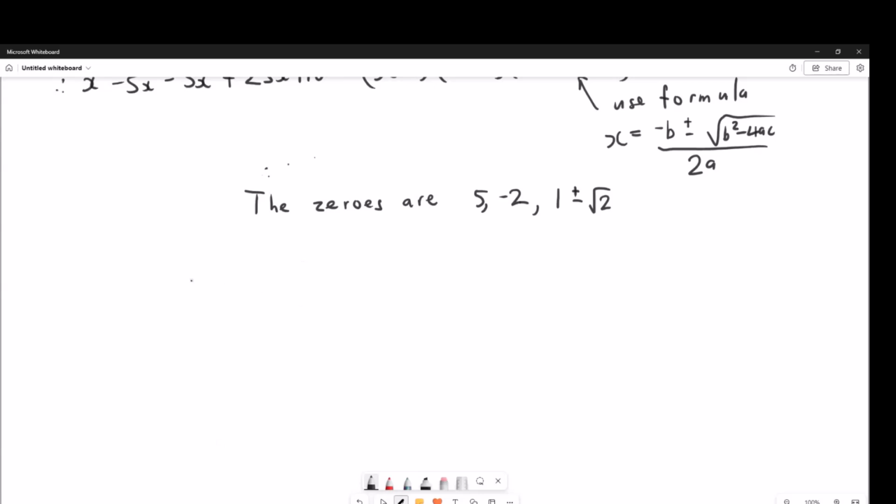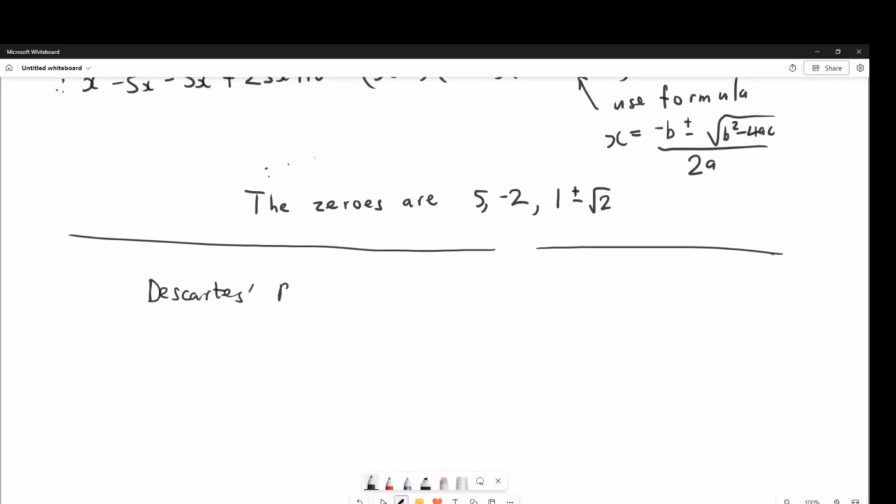So you would write the powers in descending order. Let me just introduce the section and call it Descartes' rule of signs and upper and lower bounds for roots.